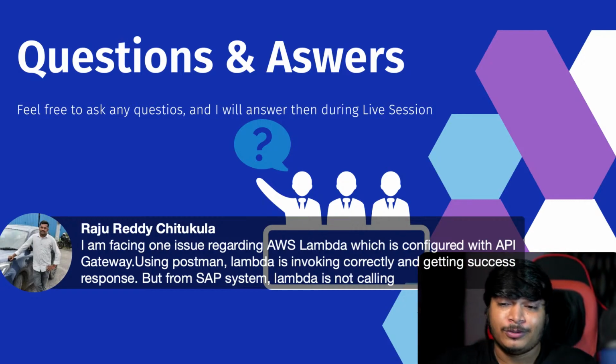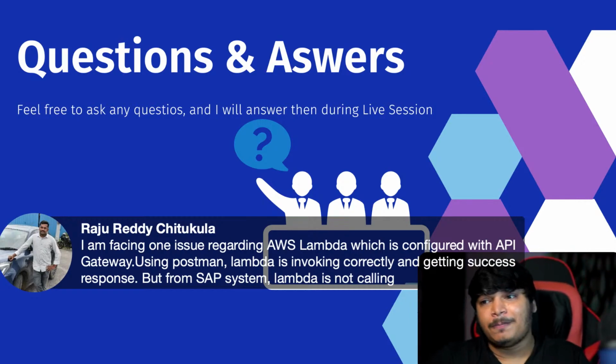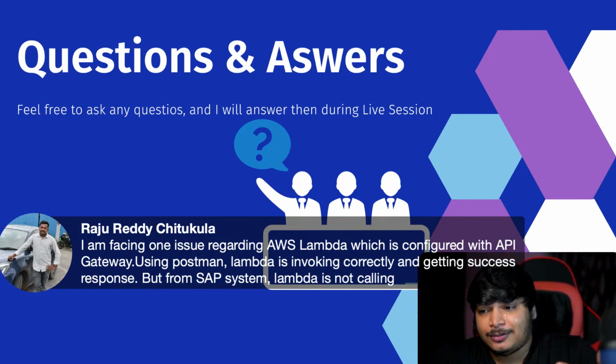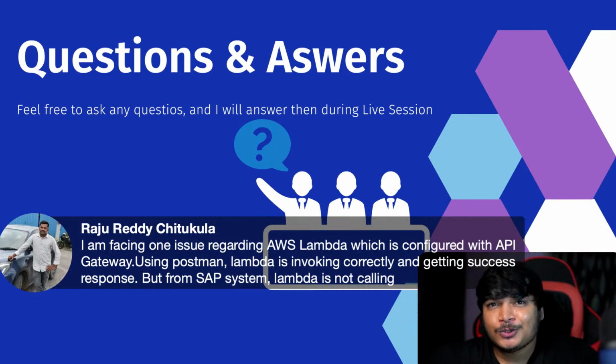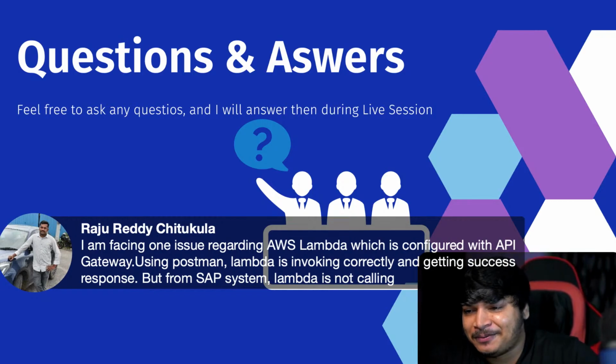It's a very complicated one, to be honest, because maybe the SAP system doesn't have access to the outside internet or these particular servers. We don't know, right? Without looking at the configuration of the SAP system, I cannot tell. Without looking at the issue or more context, it's very hard to clear it out. Okay.